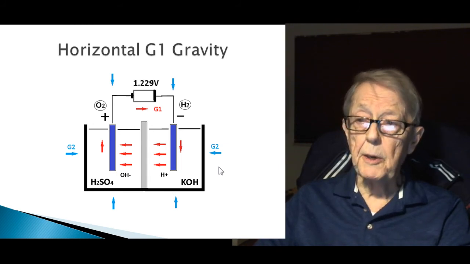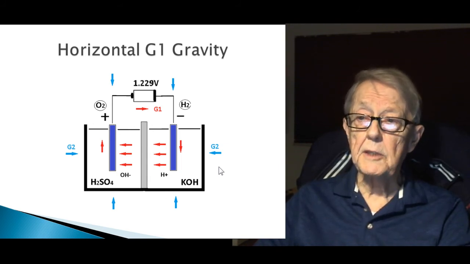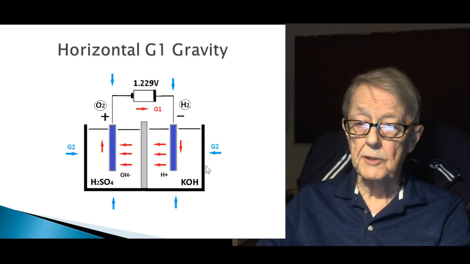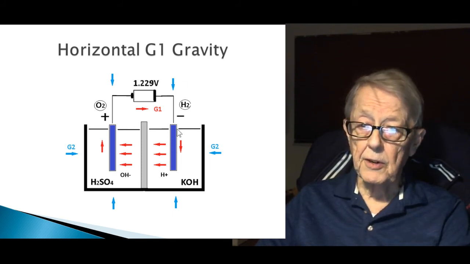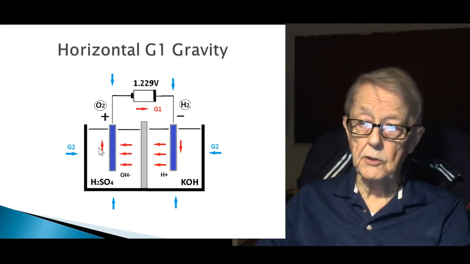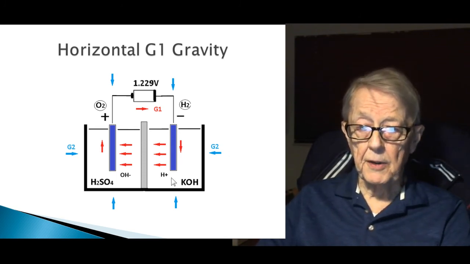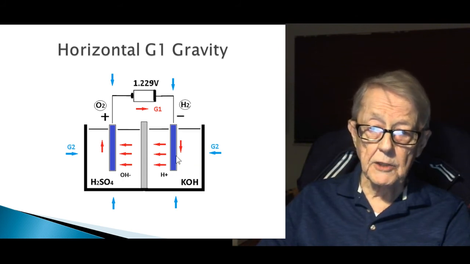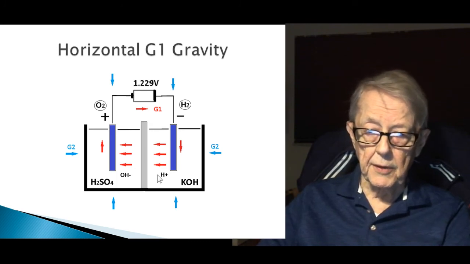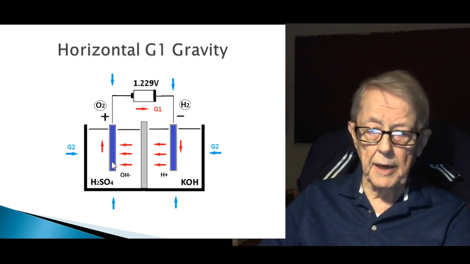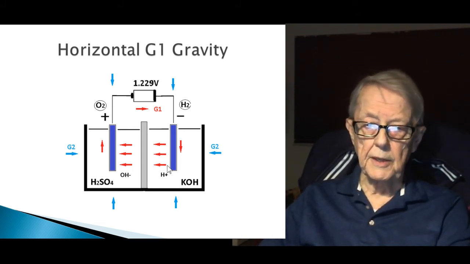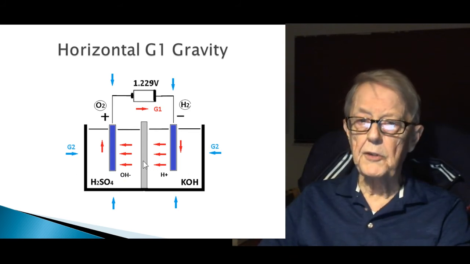If you try to explain his experiment using the particle model, you have to talk about horizontal gravity, because that's what he used. He negated vertical gravity by his setup, and he used horizontal gravity to do the experiment. So it may sound funny, but you have horizontal gravity causing a pressure differential between the plates where the hydroxide ions go to the left, and the hydrogen ions float towards the right to continue the process.